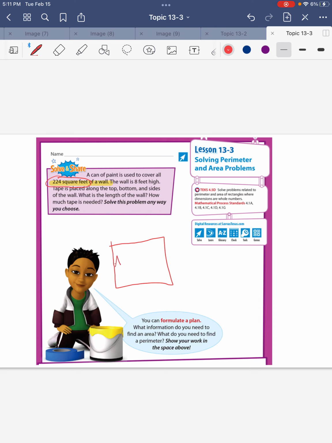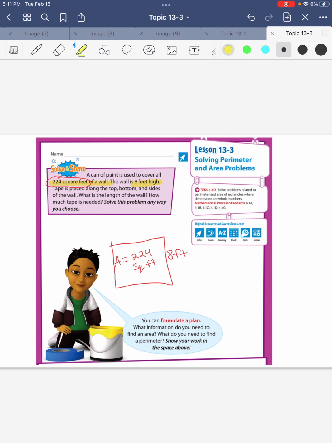So I'm going to put area equals 224 square feet, okay? It says the wall is 8 feet high, okay? So 8 feet high is like this. It's on the sides, okay? So on the side, I'm going to put 8 feet.